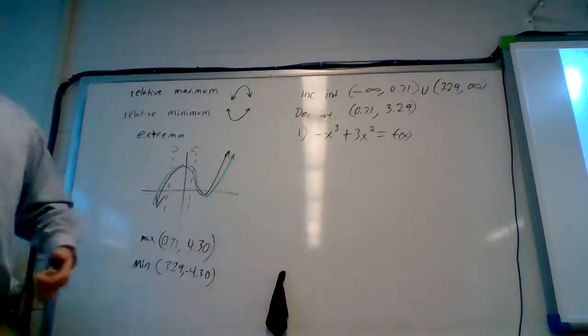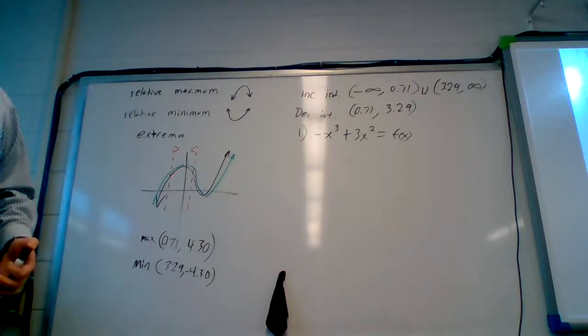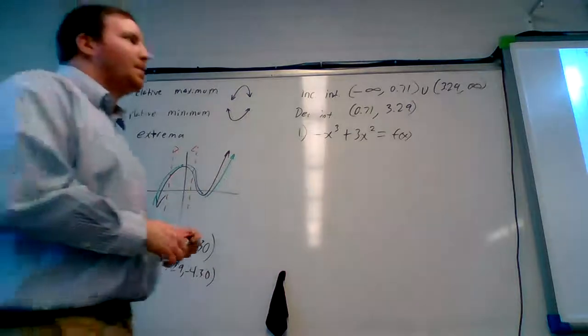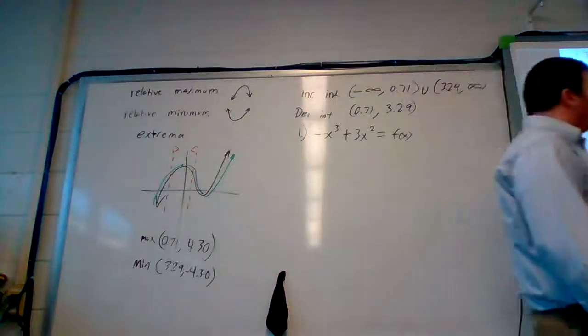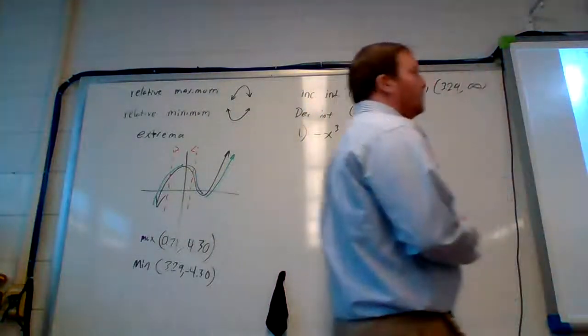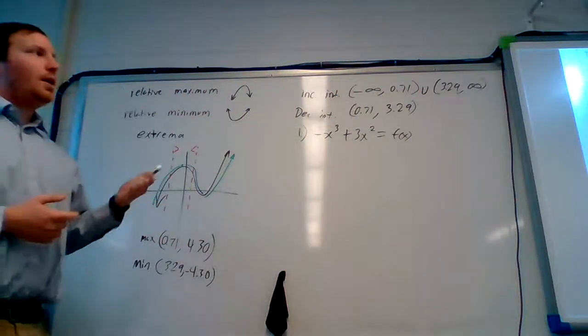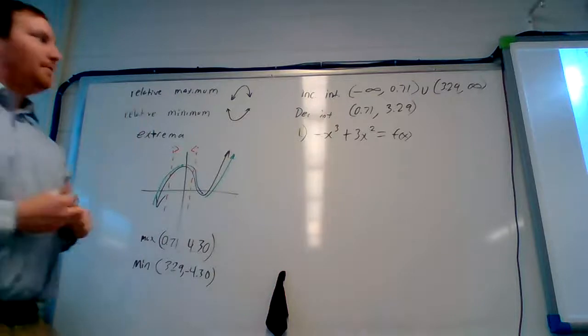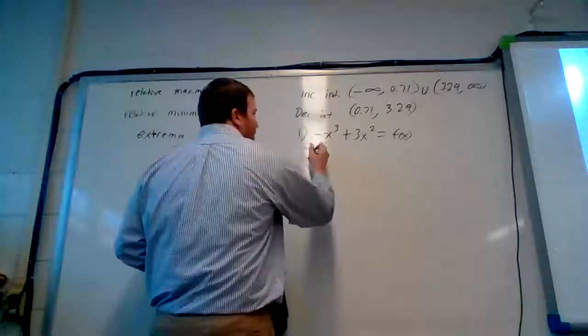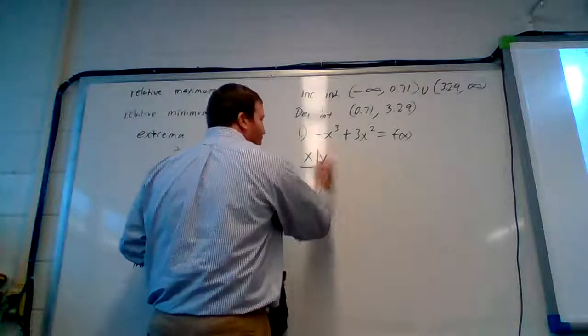Then I'm going to graph it just to get an idea of what's happening. I want to be able to grab points off of there. So to grab good points, I'm going to go to my XY table.